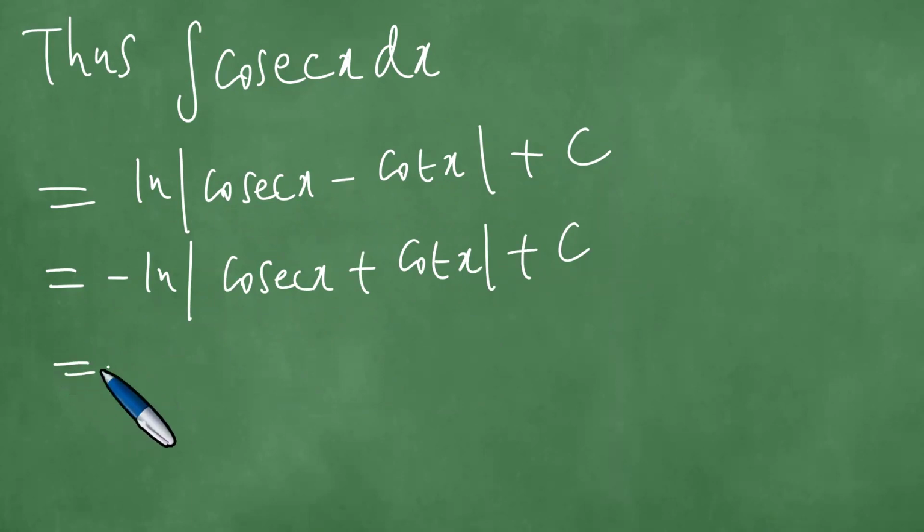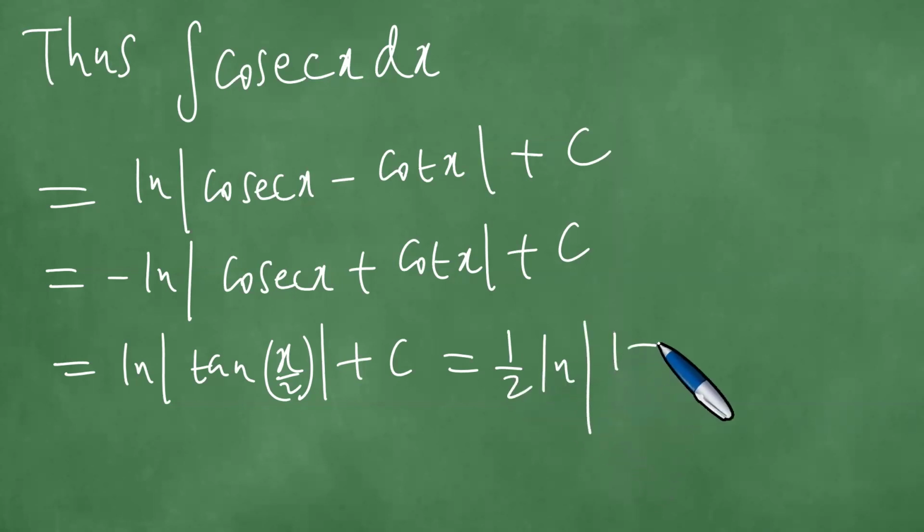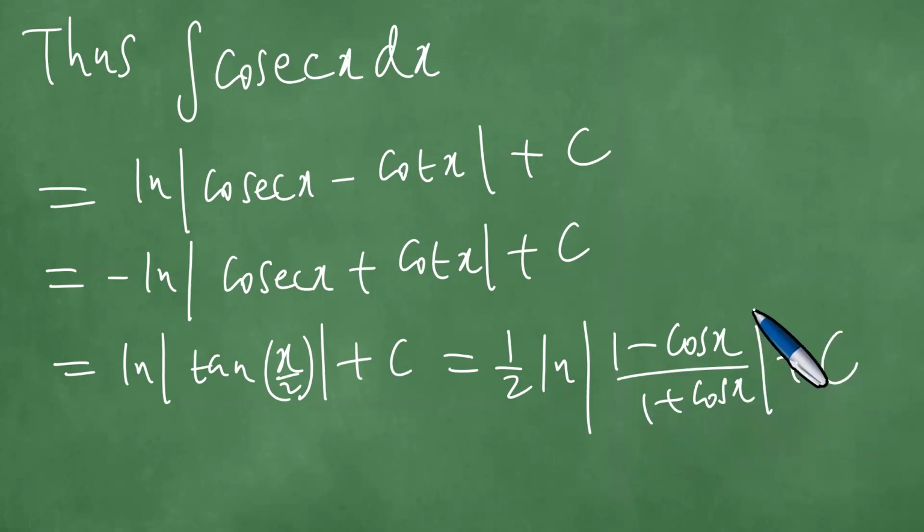And it is also the same as the natural log of the tangent of x over 2 plus c. But it is also the same as the 1/2 of the natural log of 1 minus cosine x divided by 1 plus cosine x. Like this.